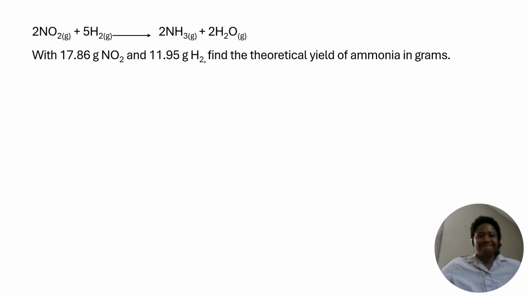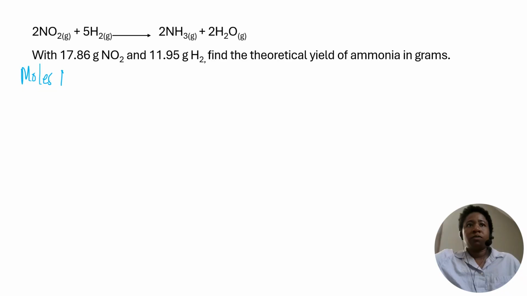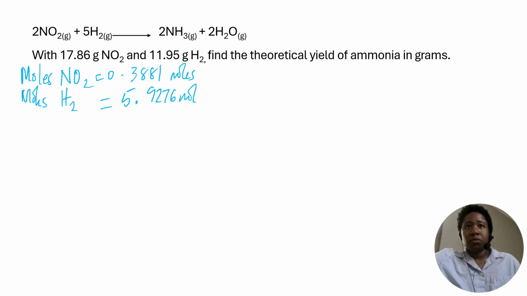Now that we've calculated the moles present, we could go ahead and look at the equation stoichiometrically. To look at it stoichiometrically, we have to take note of the number of moles of each reactant calculated in the first slide. So we said moles of nitrogen dioxide was 0.3881, and the moles of hydrogen was 5.9276 moles.